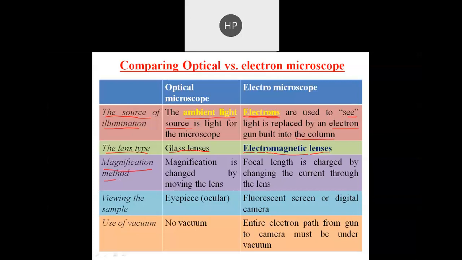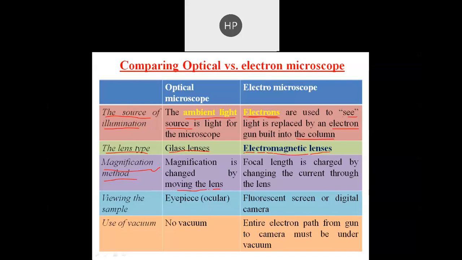Then the magnification method: how we magnify the object. In the optical microscope the magnification is changed by moving the lens. Simply we move the lens or alter it, we can change the lens to one of different magnification, or by moving that lens in a particular direction we can magnify the object.